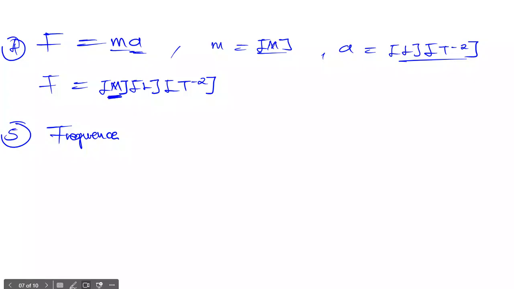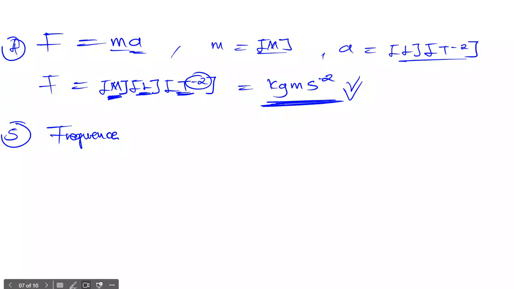Because we know that the unit for mass is kg, the unit for length is meters, and the unit for time is seconds, to the power -2. So these are the units for force. These are very important, guys. In an exam, you're going to meet this question in tests, quizzes, and exams.